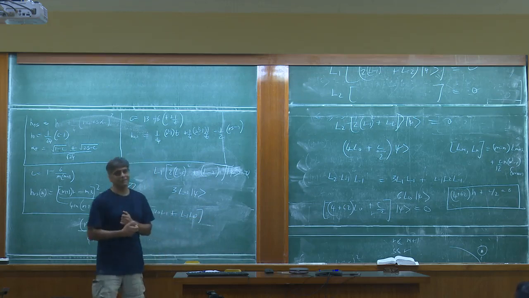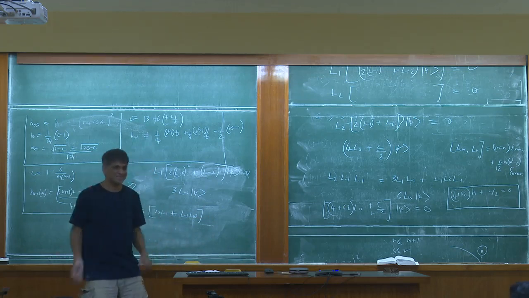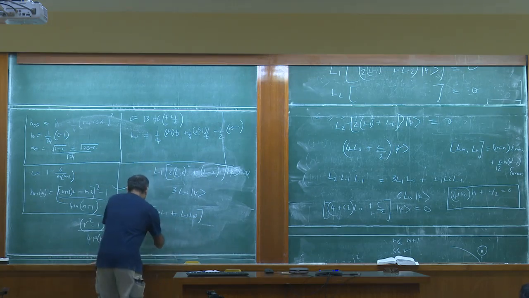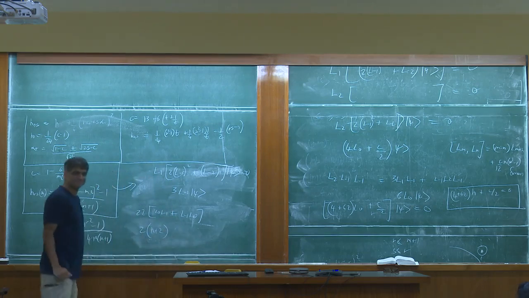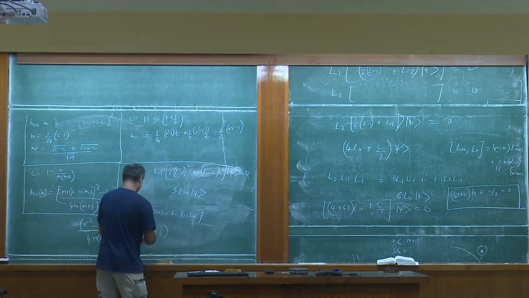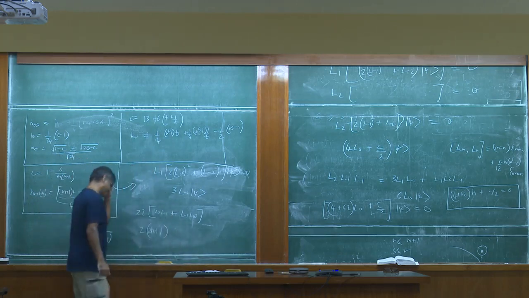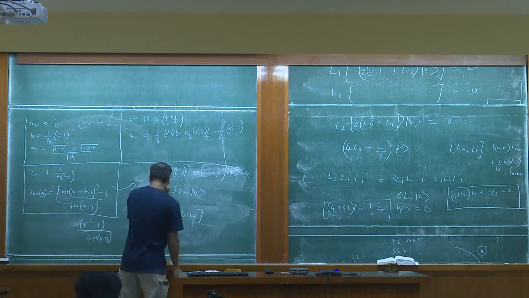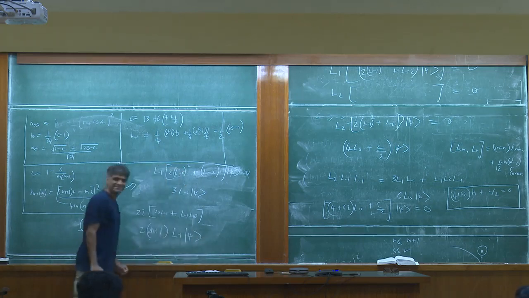Now L0 acting on the state is h. L0 acting on L minus 1 of the state is h plus 1, because L minus 1 raises h by 1. And so we get 2 into 2h plus 1, eta into 2h plus 1 into L minus 1 of psi, that has to vanish.